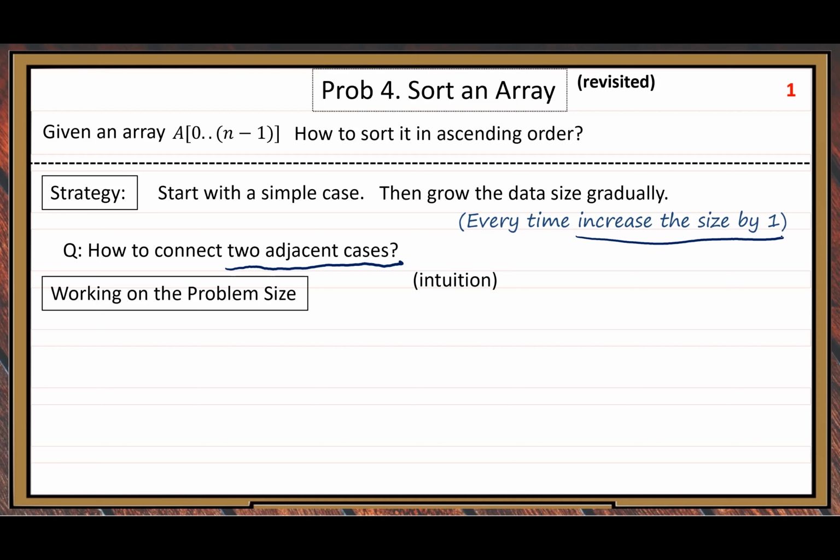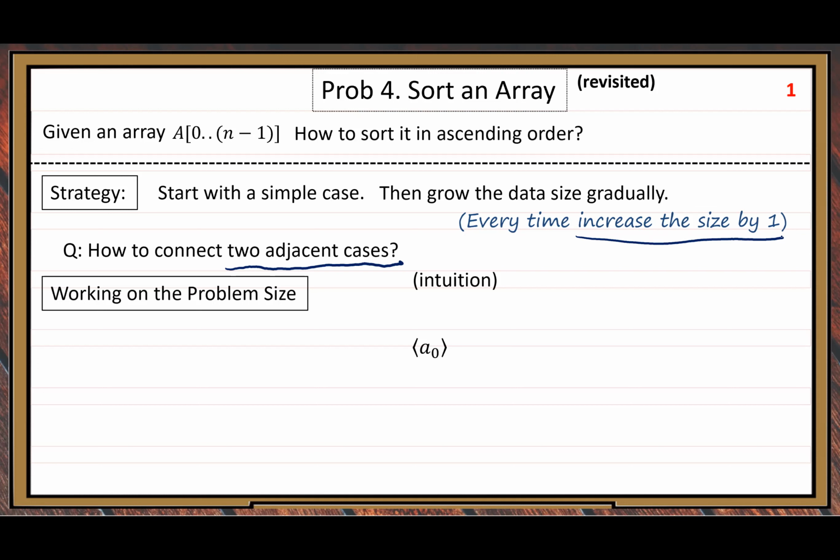Based on our intuition, we do this experiment. First, we consider an array with just one element. Single element, that's the simplest case, right? When we have a single element array, it is already sorted. You do not need to do anything. It is done.